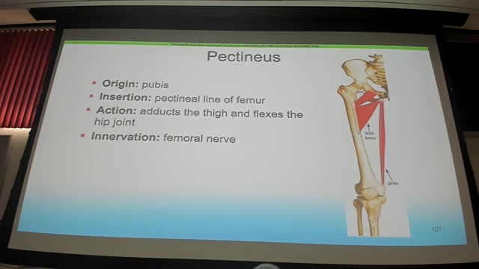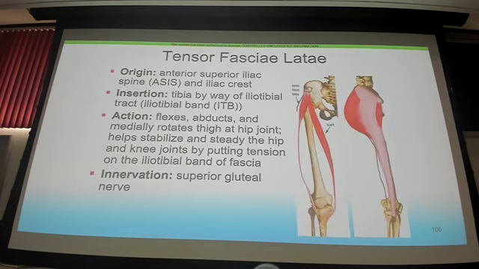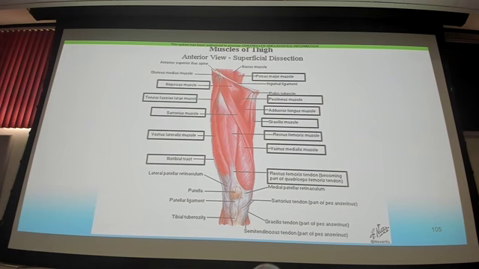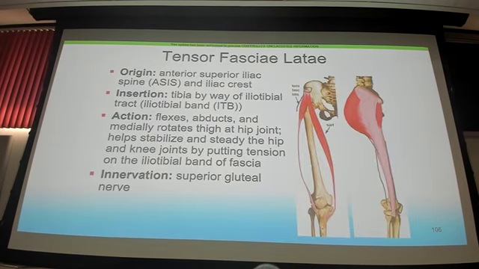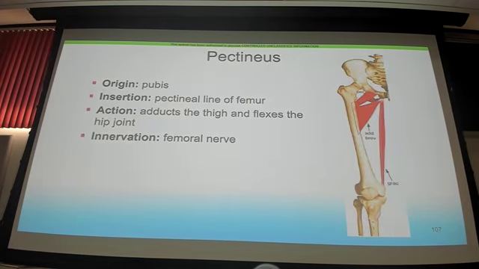Pectineus. Remember, I didn't put a title slide there. We're in the anterior compartment muscles at the moment. So pectineus is a very small muscle, and sometimes it is considered a transitional muscle between the medial and anterior compartment. But I just decided to leave it for us in the anterior compartment.